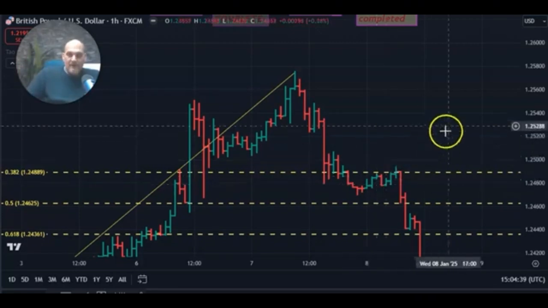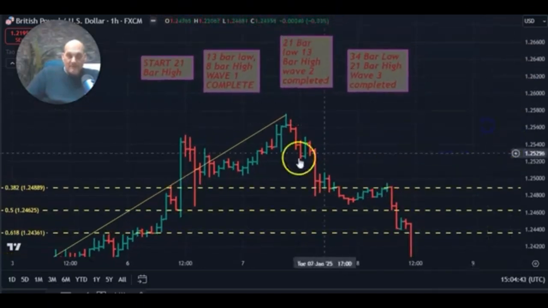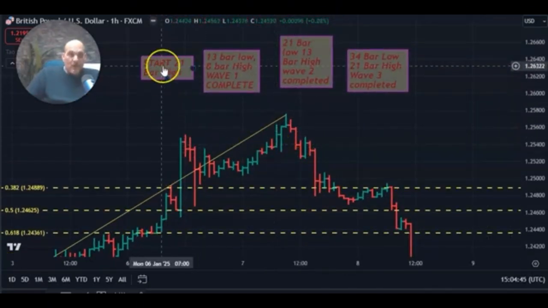So I have written here the sequence of the wave. We're going to start with a 21 bar high. Now, if you look at the number sequence of Fibonacci, you've got 3, 5, 8, 13, 21, 34, 55, 89, to infinity.